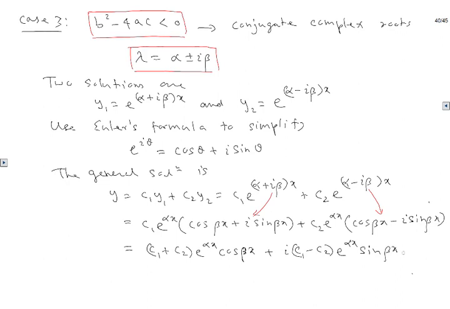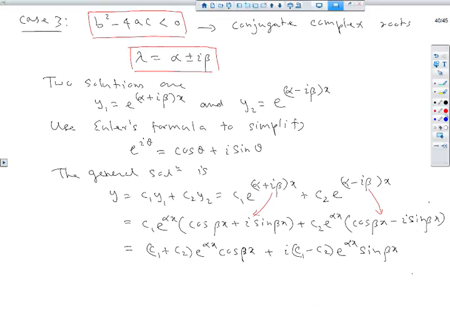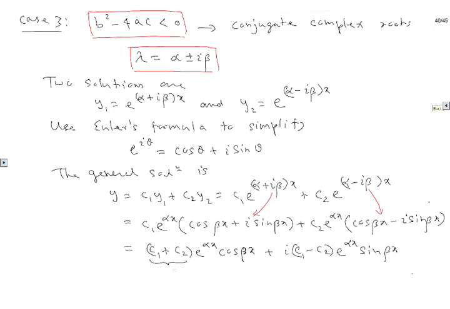Now what we can do, we just call this whole term, in abuse of notation, just a constant. I'm going to call this constant C1, and I'm going to call this whole constant, even with the i, C2. Just a new C1 and C2, because it's just a constant, it doesn't really matter.